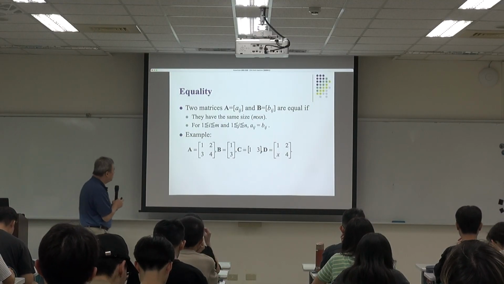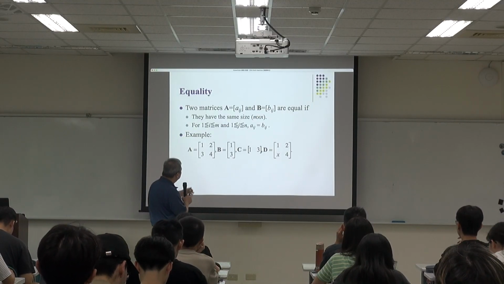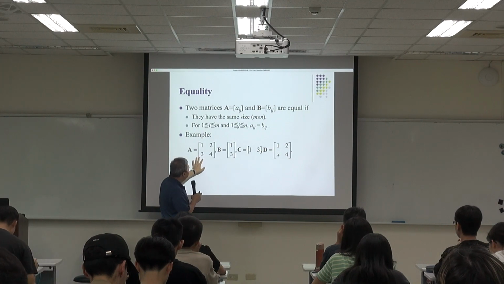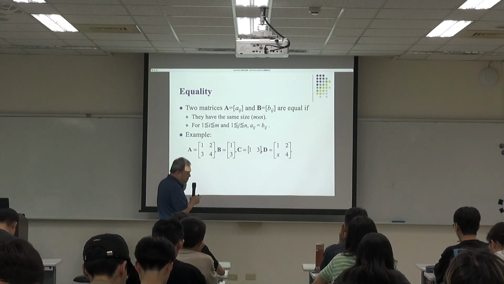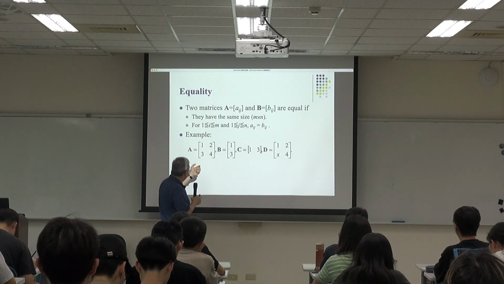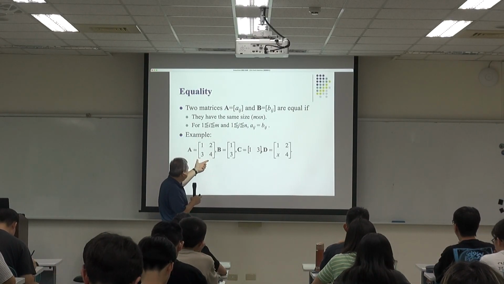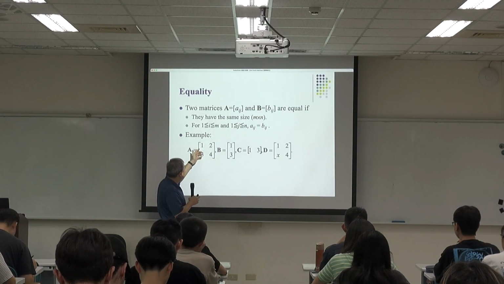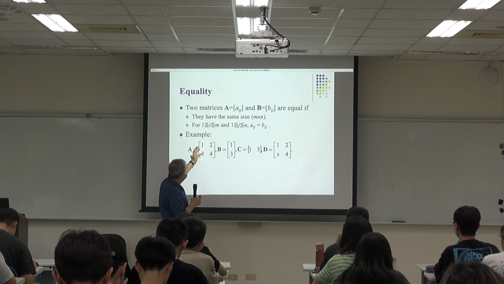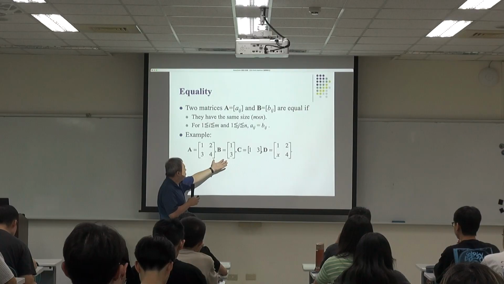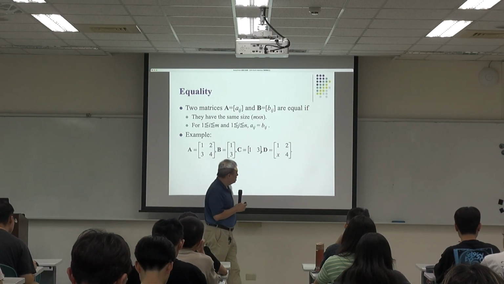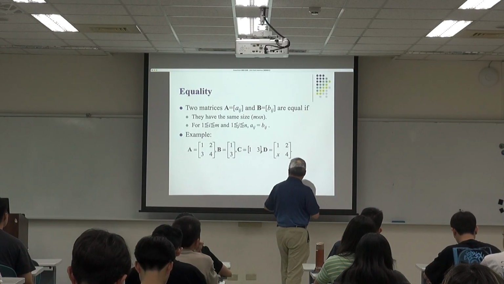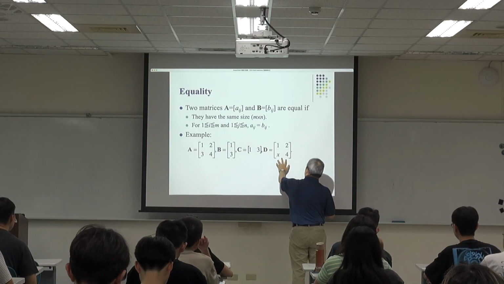So for example, we have A, B, C, and D. You can see that A is 2 rows, 2 columns. B and C obviously have different sizes, and D has 2 rows, 2 columns as well.